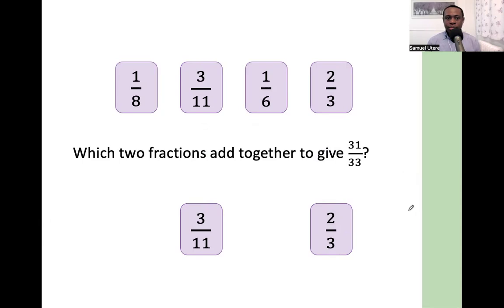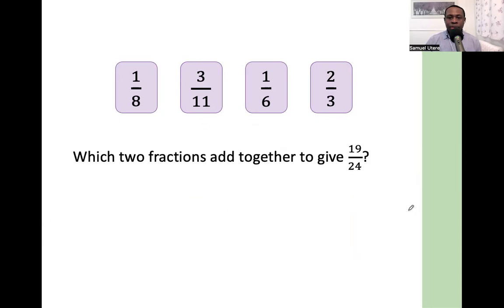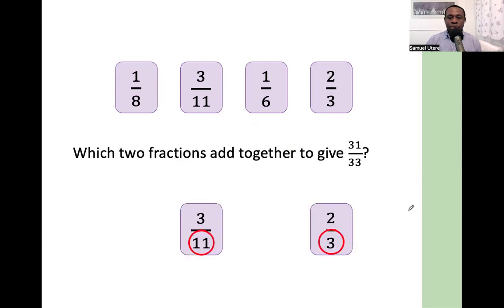So if we use these fractions, we can check to see that it will give us 31 over 33. If we multiply this by 3, that will give us 33, and that will give us 9.